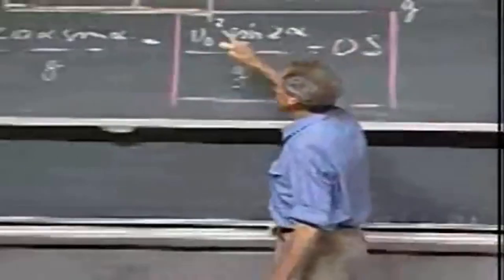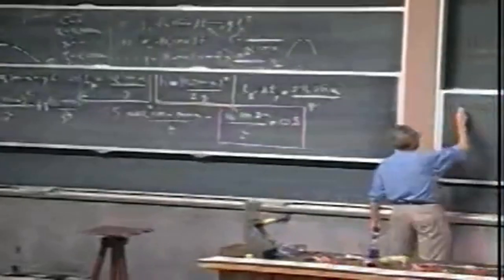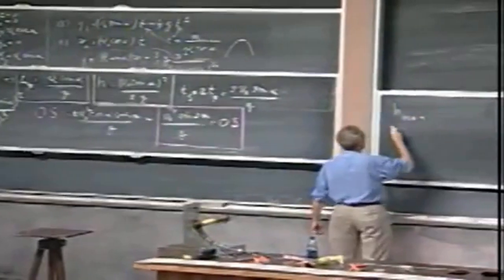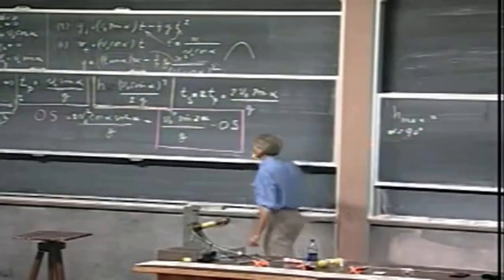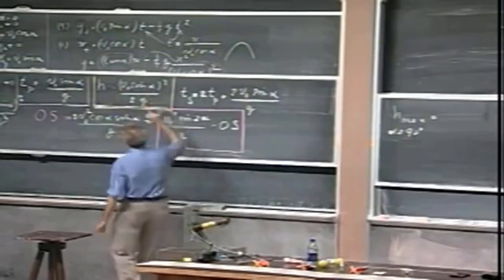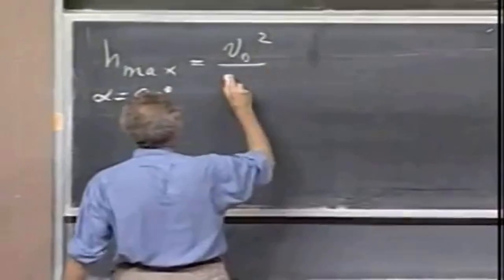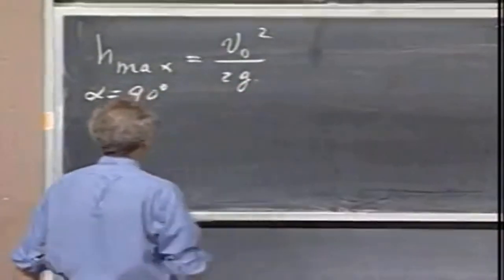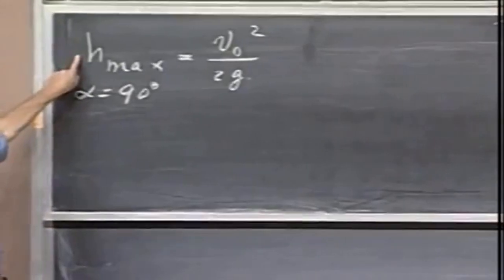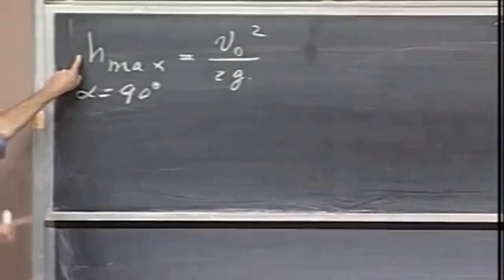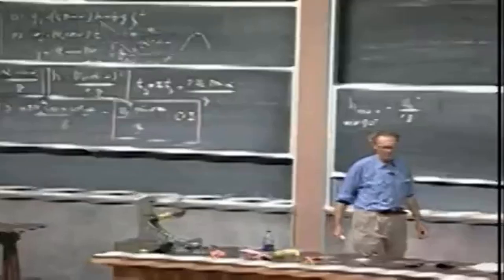If I shoot an object vertically up, that is the maximum value that it can go, when alpha equals 90 degrees, then the sine of alpha is 1, then the height is v0 squared divided by 2g. In other words, if I measure the height, if I shoot it up vertically, then we can calculate v0 squared.